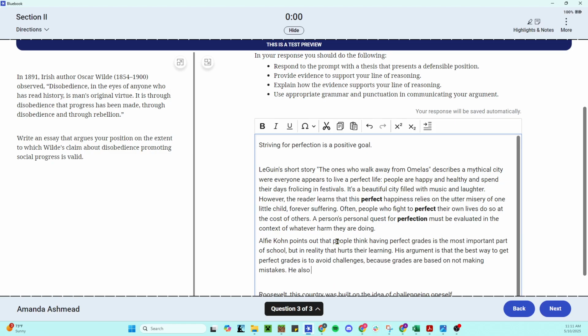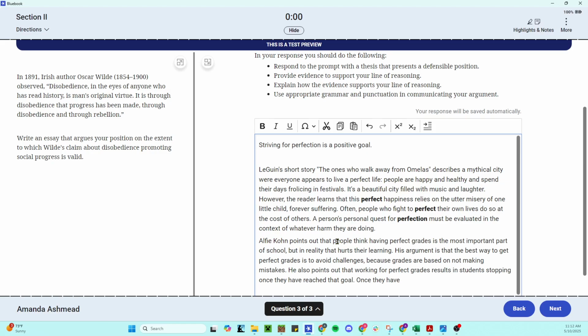He also points out that working for perfect grades results in students stopping once they have reached that goal. Once they have an A, they don't do any additional work.